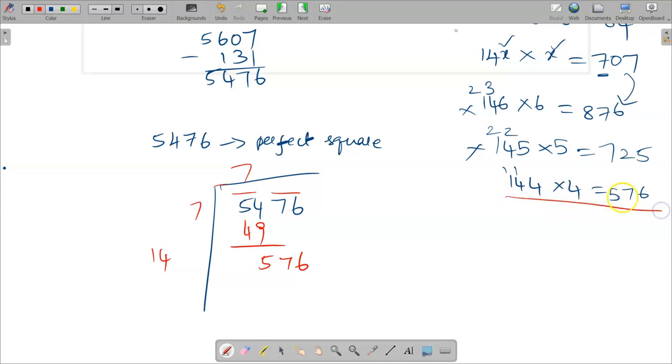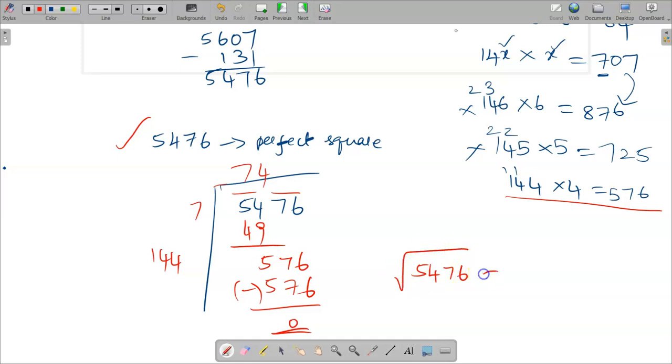So 144 into 4 is nothing but 576. So 576 minus 576 is nothing but 0. We are getting the remainder as 0. So 5476 is a perfect square. So the square root of 5476 is nothing but 74. Okay, thank you. Thanks for watching.